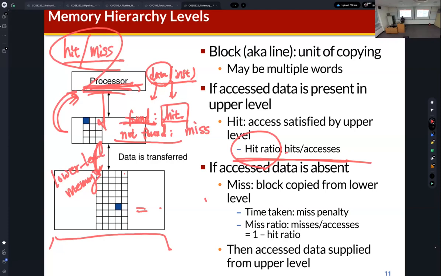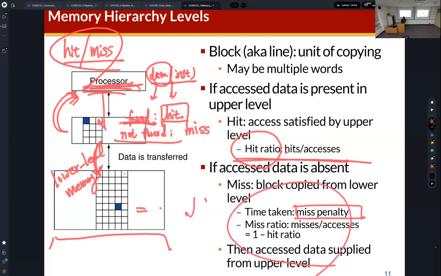So when the data is fetched from the lower level memory, it will take longer. This longer time is called the miss penalty. Miss penalty means that in the miss case, it will take more time compared to the hit case, and this extra time is the miss penalty.